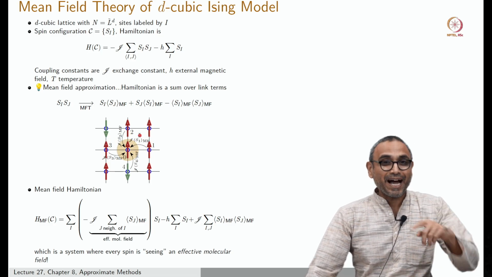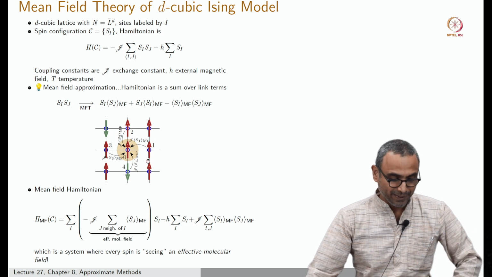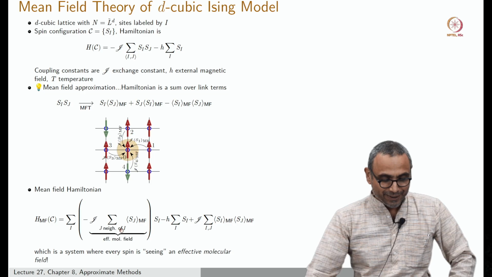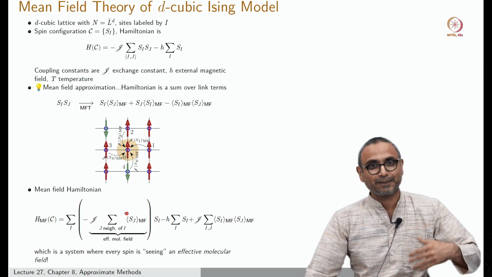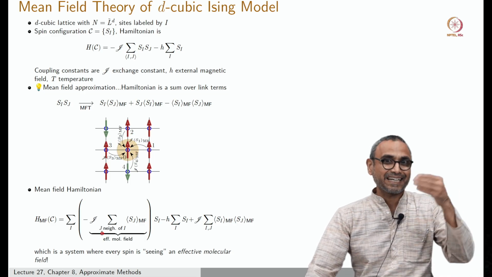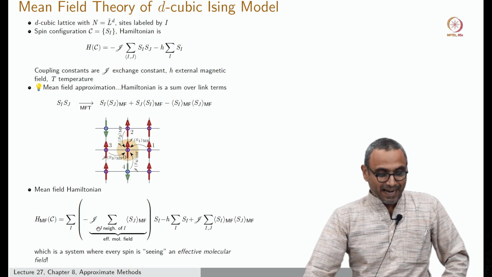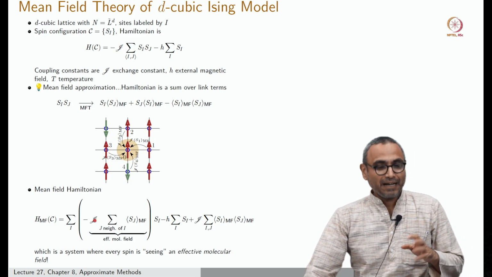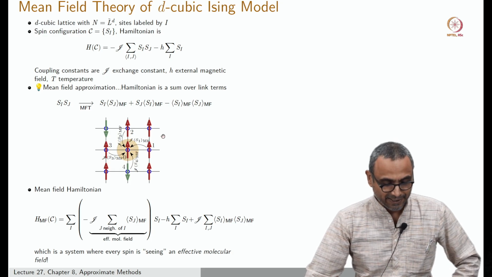And what do I have to do? I have to look around and find all the neighbors who are coupled to me. So, I have to sum over the mean value of Sj of all the j's that are neighbors of i, correct, and multiply this by J. I am assuming J is the same on all links, so it is a clean problem with translational symmetry and so on, right.